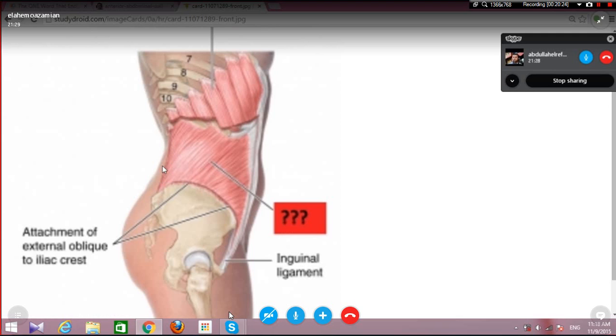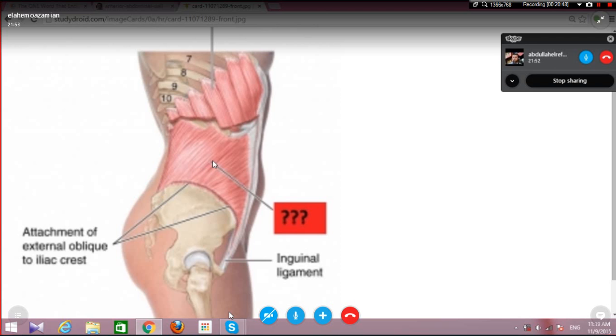The internal oblique originates from the thoracolumbar fascia, the iliac crest, and the inguinal ligament.